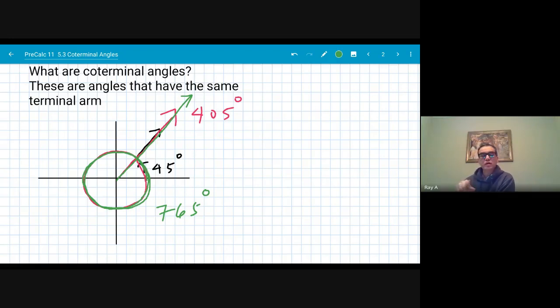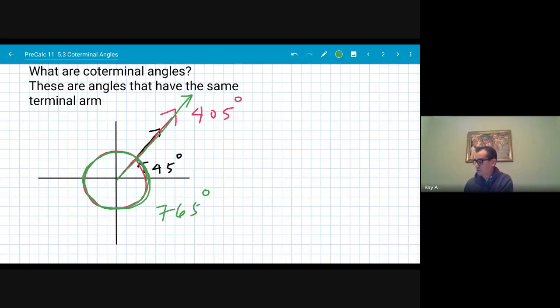A coterminal angle is an angle that has the same terminal arm as the given angle. Now, when we went counterclockwise, these angles are measured in positive terms. If you have read through the book, or you have heard of this somewhere, there are negative angles. Negative angles are just going in a clockwise direction.